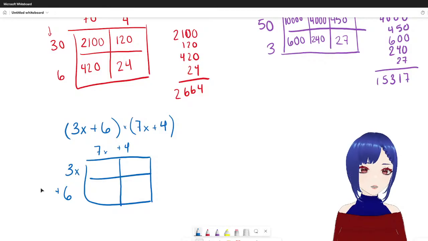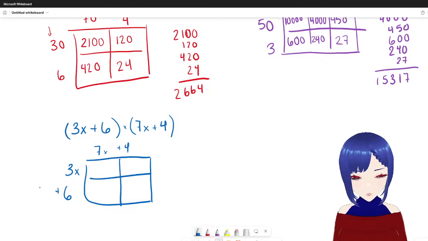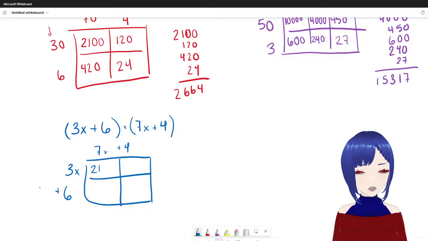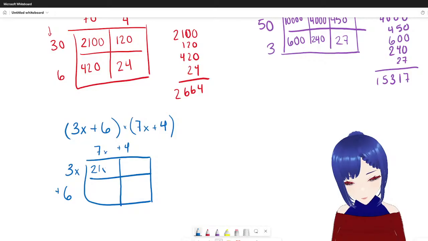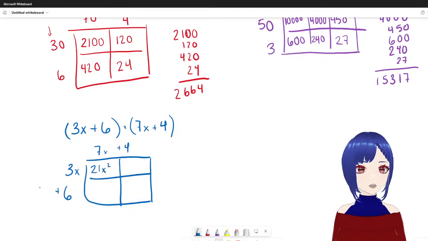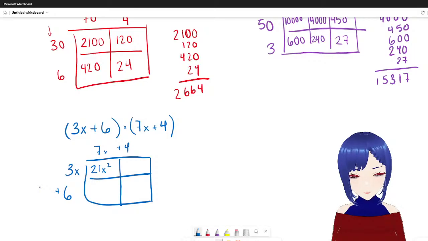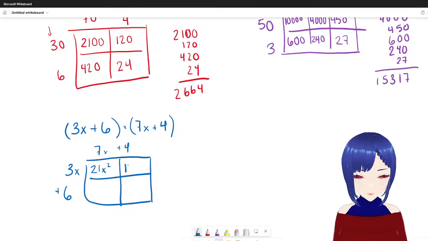So with this, we have it set up, and like I said, I did it similar, so we have 3x times 7x. So 3 times 7 is 21. And then for this, we have x times x is x squared. This is a skill that when you get into algebra, you'll learn how to do. 3x times 4, 3 times 4 is 12.